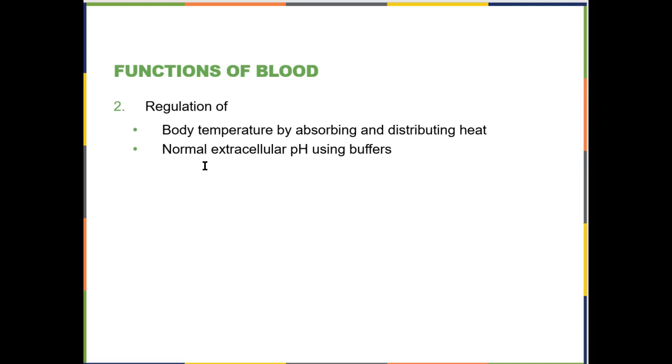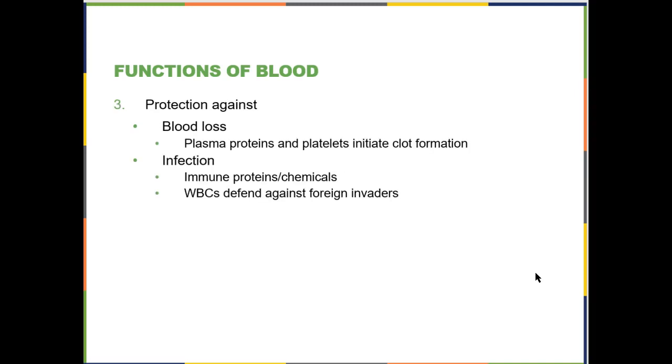The blood itself doesn't regulate body temperature so much, but your vascular system does by controlling where the blood goes, whether it's close to the surface or stays more internally. This helps you distribute heat. Your bloodstream is one of your primary liquid components, and it helps keep your whole body pH neutral.